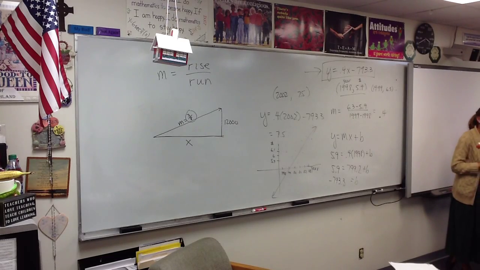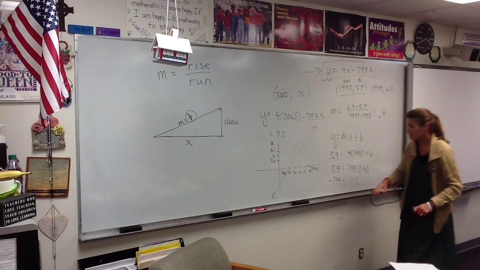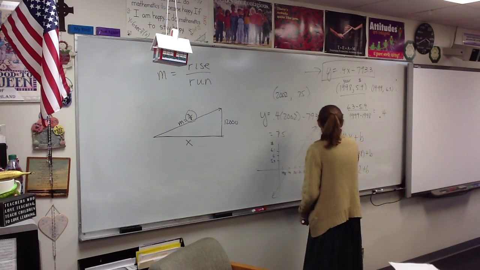Tomorrow, if I walked in and said, take out a half sheet of paper, we're going to write the equation of a line parallel to this line, everybody would be able to do it? Let's practice real quick just to make sure. And I'll just do that problem.